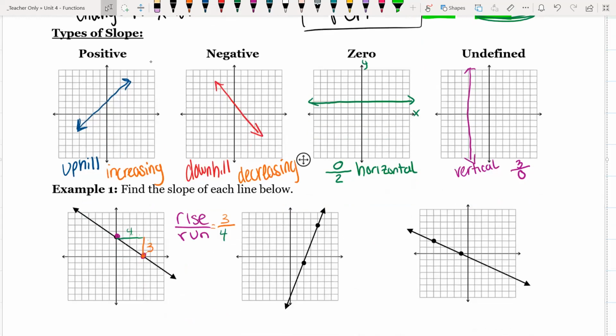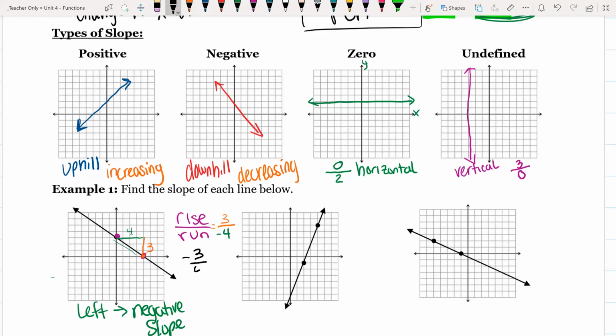Because this looks like we're coming down the mountain, we're coming downhill. So one of those numbers needs to be negative. Anytime you go to the left, it's negative. Remember, left, negative slope. So that means our slope is negative 3/4, right? Because we rose 3, and ran to the left for a negative 4.